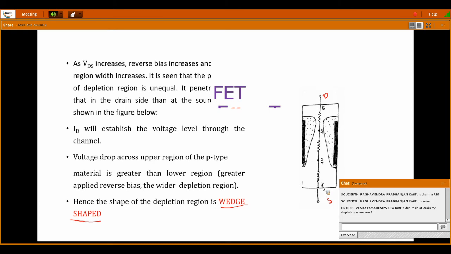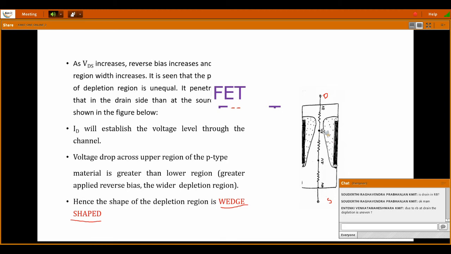So the depletion layer is also increasing more near the drain, and because of that the resistance is more. More resistance near the drain, and since current is flowing, the voltage drop will be more near the drain.